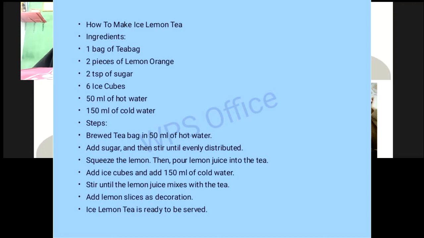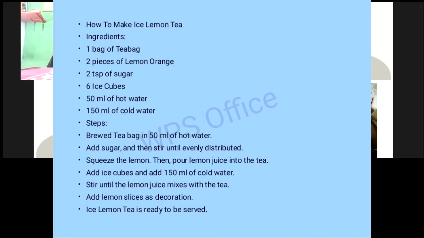The ingredients are 1 tea bag, 2 pieces of lemon orange, 2 teaspoons of sugar, 6 ice cubes, 50 milliliters of hot water, 150 milliliters of cold water. And the steps are: brew the tea bag in 50 milliliters of hot water, add sugar, and then stir until evenly distributed.